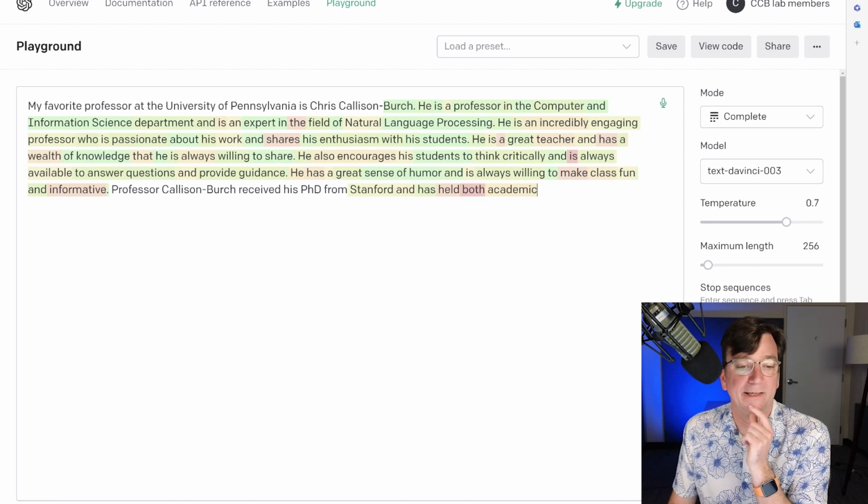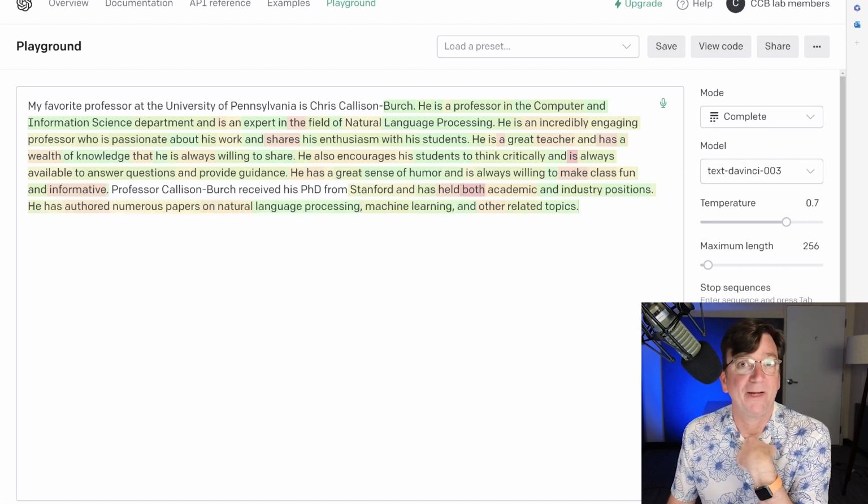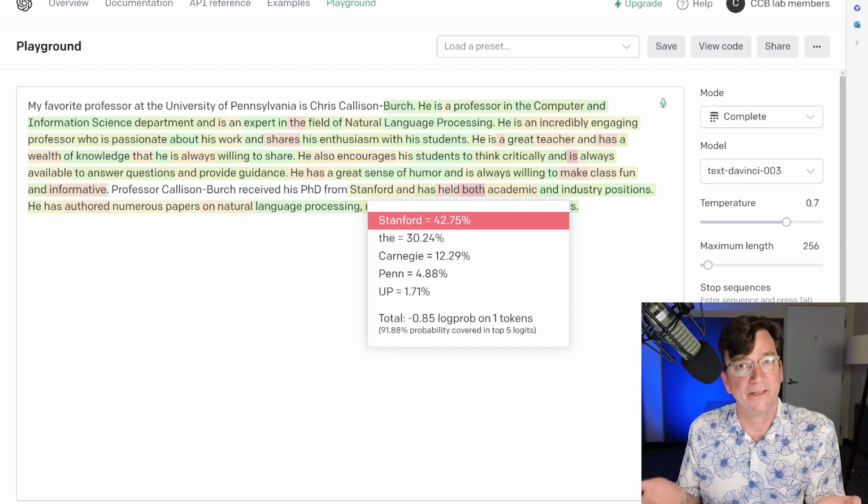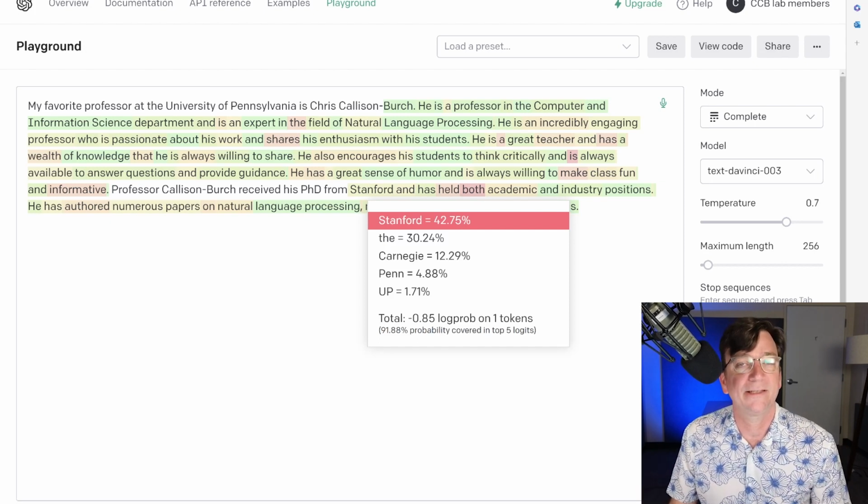And it says that I received my PhD from Stanford, which is incorrect. I got my PhD from the University of Edinburgh in Scotland. I did do my undergraduate degree at Stanford, but I did not do my PhD there.